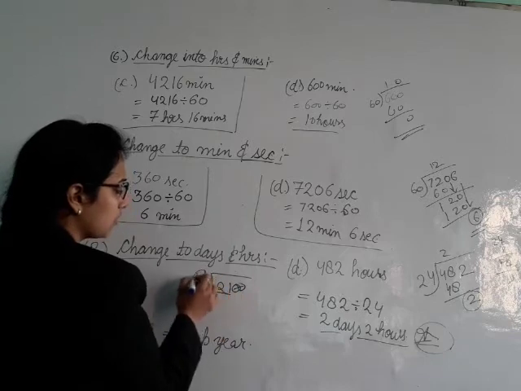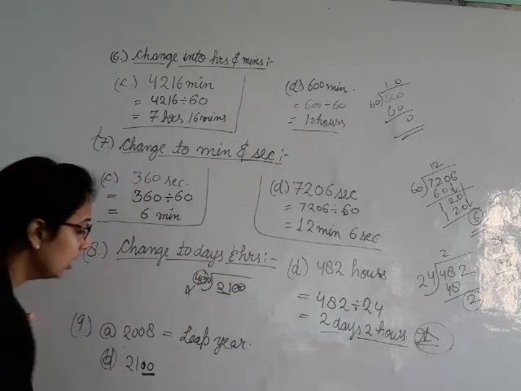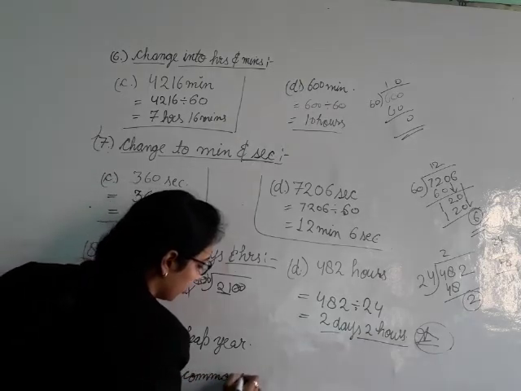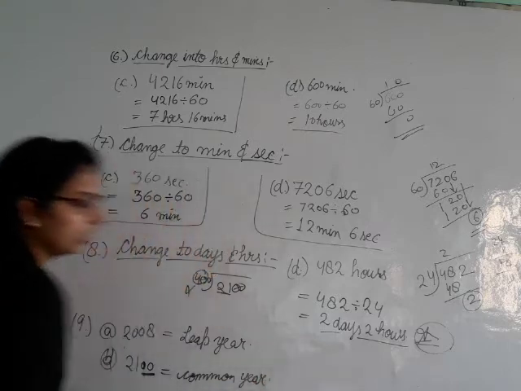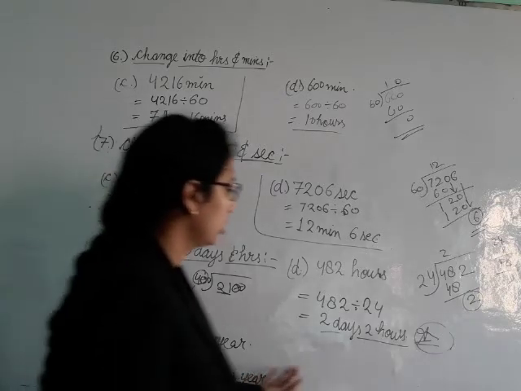Is 21 divisible by 4? No. So it is not a leap year. It's a common year. Understood? So here your exercise ends here, children. Understood?